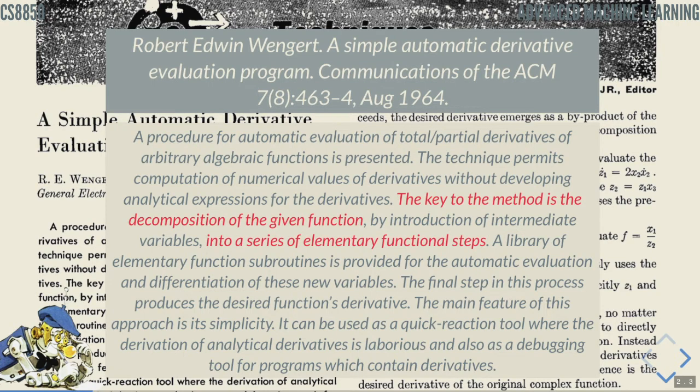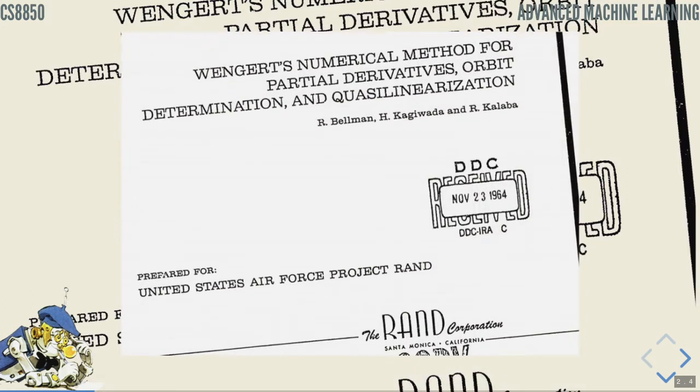And what he basically said is the key to the method is the composition of the given function into a series of elementary functional steps. Seems like this could be anything, right? But the community thought otherwise.